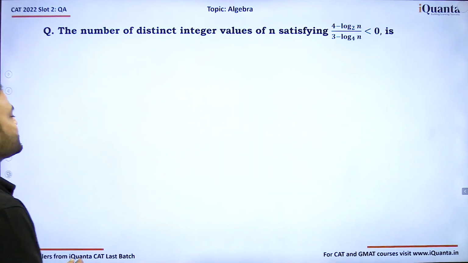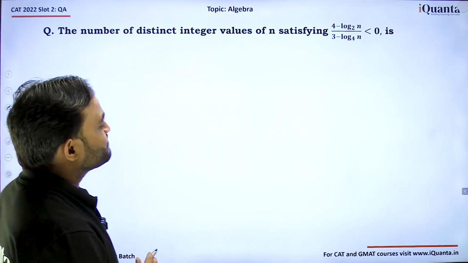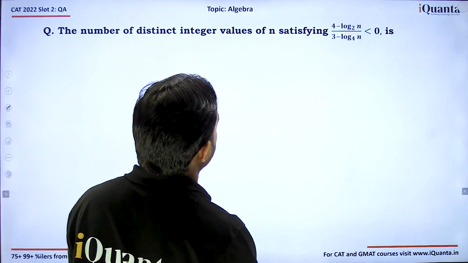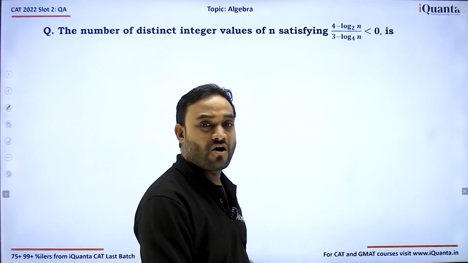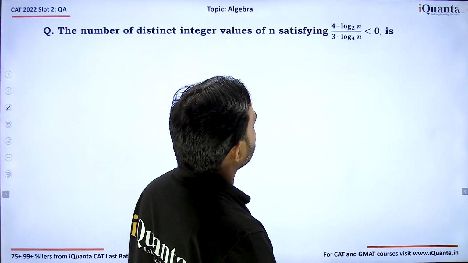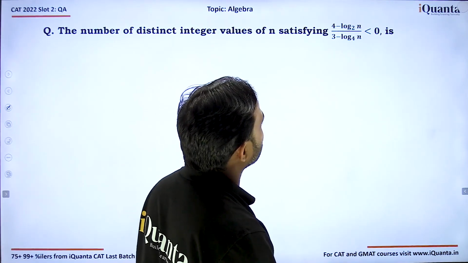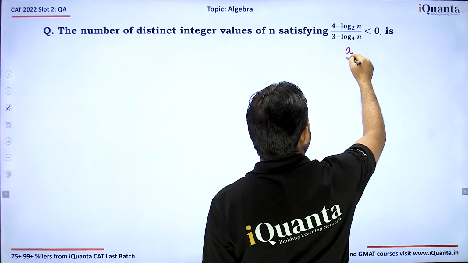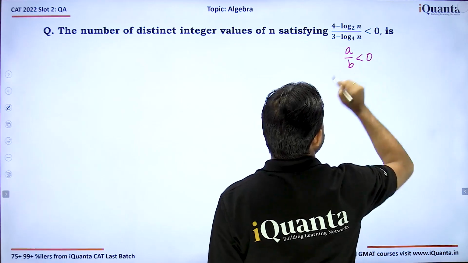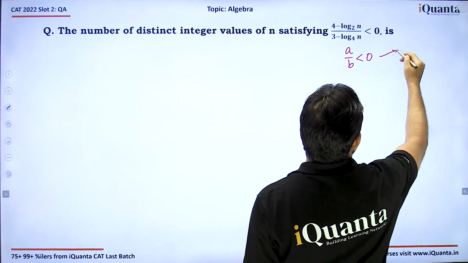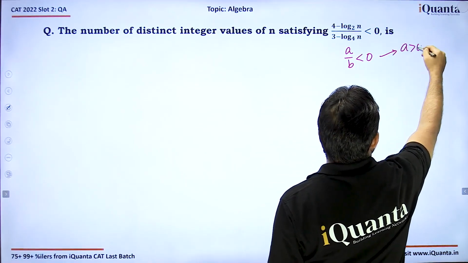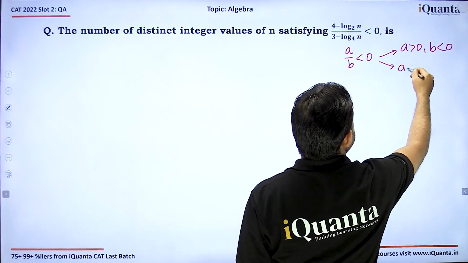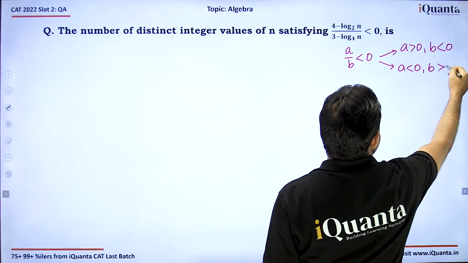Next is a very interesting question based on logarithm. It says: find the number of distinct integer values of n satisfying (4 minus log n base 2) upon (3 minus log n base 4) is less than 0. So what we can say, a by b is less than 0 happens only when a is greater than 0 and b is less than 0, or a is less than 0 and b is greater than 0.